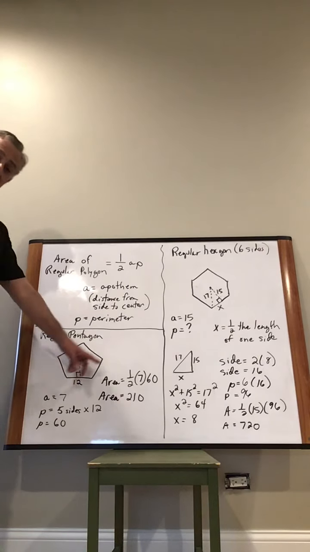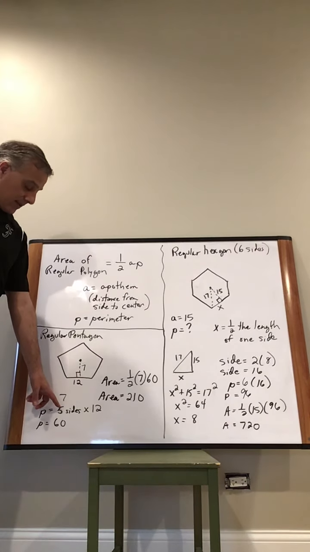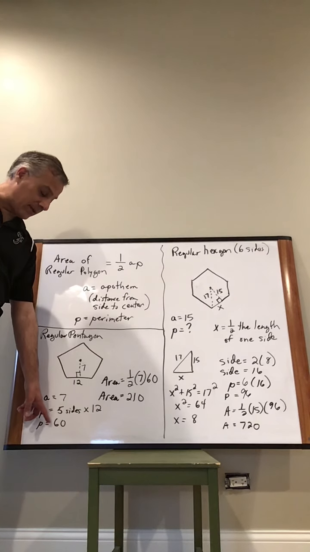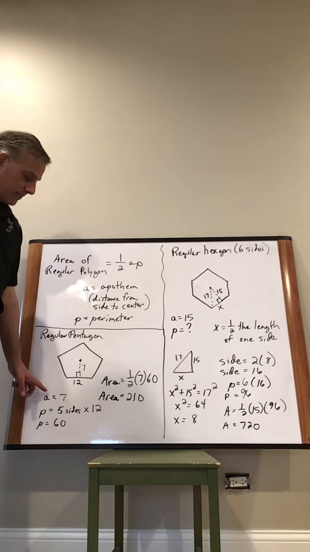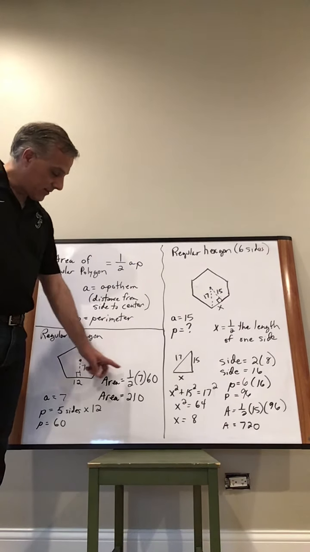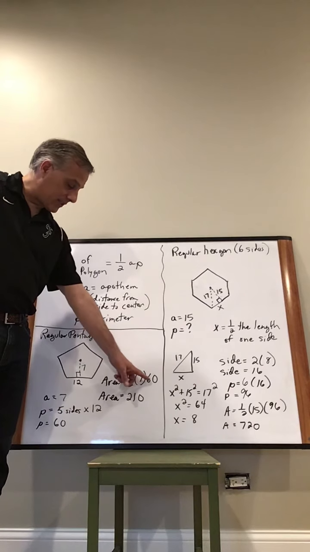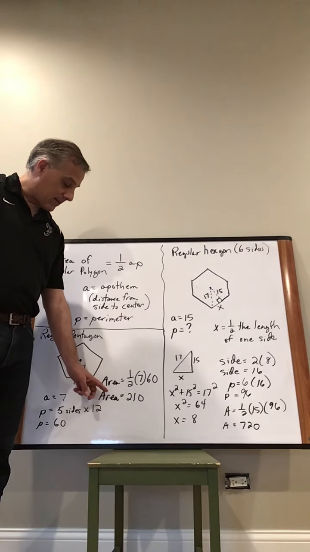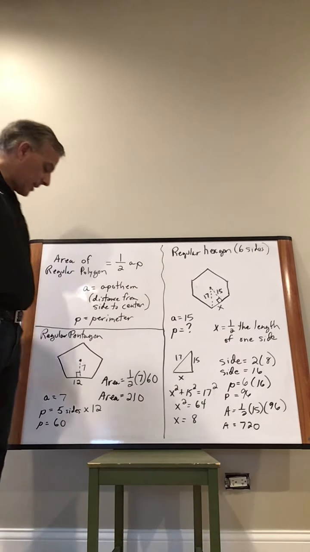The perimeter is the distance around, so 12 times 5 is the perimeter. The perimeter equals 60. So then I just plug in. 1/2 times 7 times the perimeter, which is 60, the area is going to equal 210.